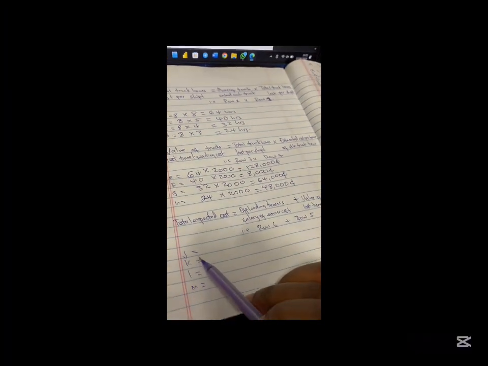And last but not least, we have to calculate for the value of J, K, L, and M, which is the last row. So the last row represents the total expected cost, and as we know, the total expected cost is equal to waiting cost plus service cost.